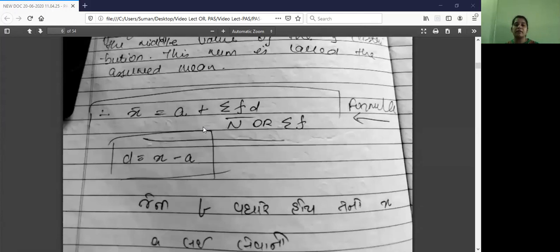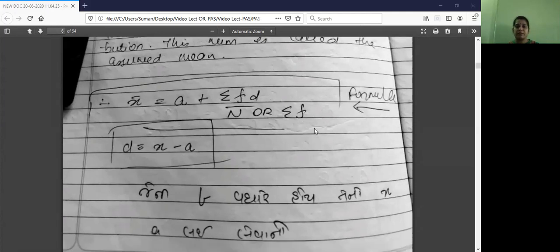That means the formula of the assumed mean is x bar is equal to a plus summation fd upon capital N. Okay, a is the assumed mean, f is frequency, d is equal to x minus a. X minus a means x is the column and a is our assumed mean, divided by capital N or summation f.